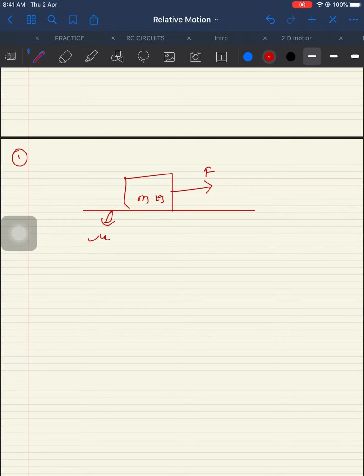There are two types of coefficient, mu s and mu k. When do we use mu s? Mu s is used when the body is in a static position, or at the verge of moving. In these conditions we use this one. Mu k is for kinetic friction, when the body starts moving.